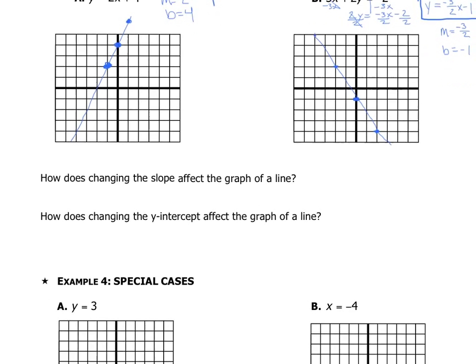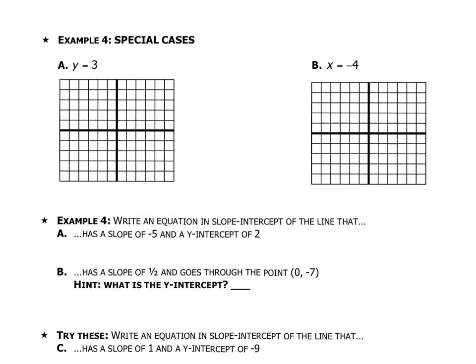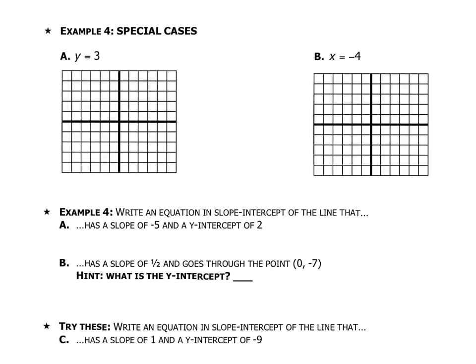And now this part here, special cases. Remember we went over these, your flat lines and your undefined lines. A y line, this is a y line. Why I call it a y line is because it says y equals, and that is it.